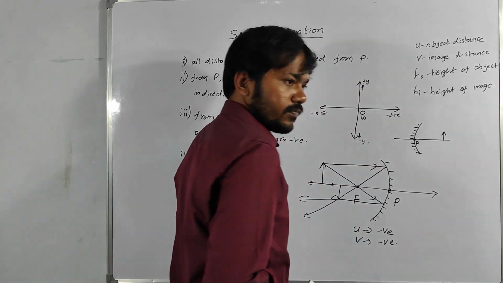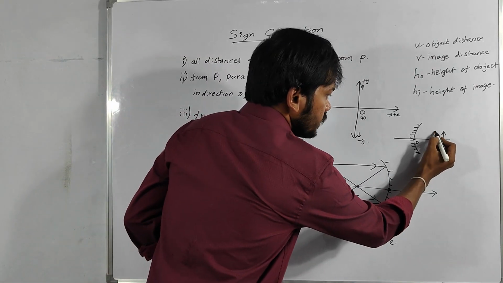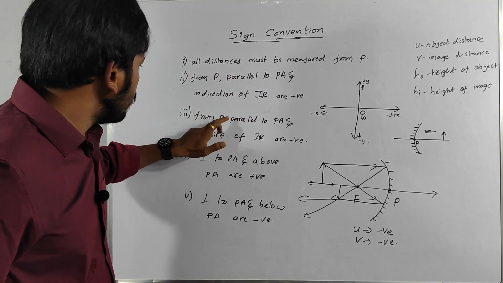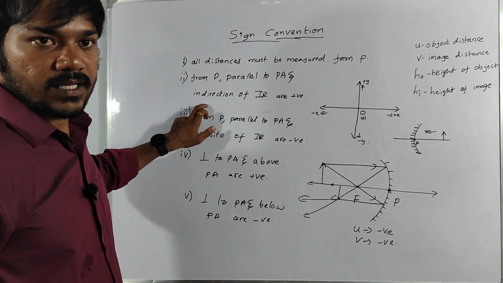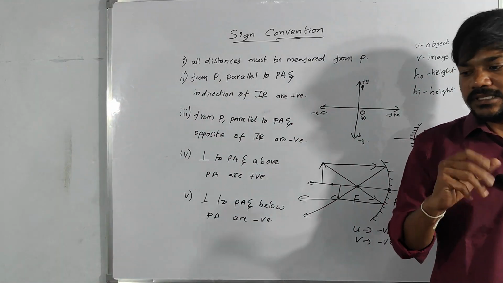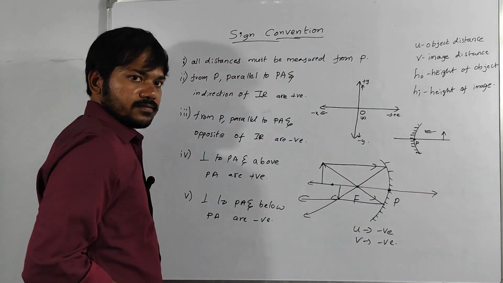That is why here we have mentioned a very important point: in the direction of the incident ray. Clear with this, no? And I have found in the CBSE textbook that the object must be taken on the left.